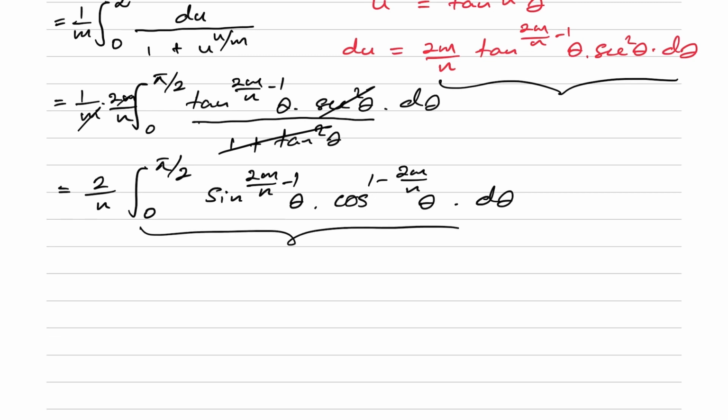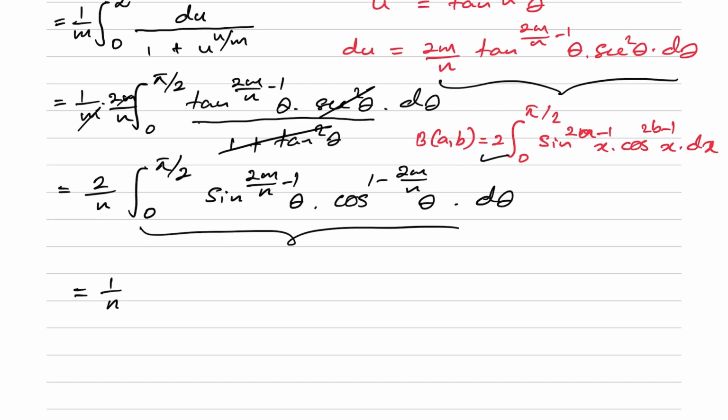We know B(a, b) is equal to 2 times the integral from 0 to π/2 of sin^(2a−1) x times cos^(2b−1) x dx. So we can convert this integral into a beta function. This is equal to 1 over n times B(m/n, 1 − m/n).